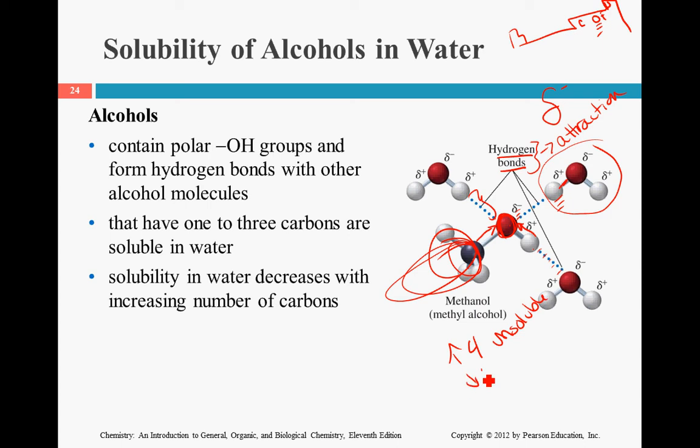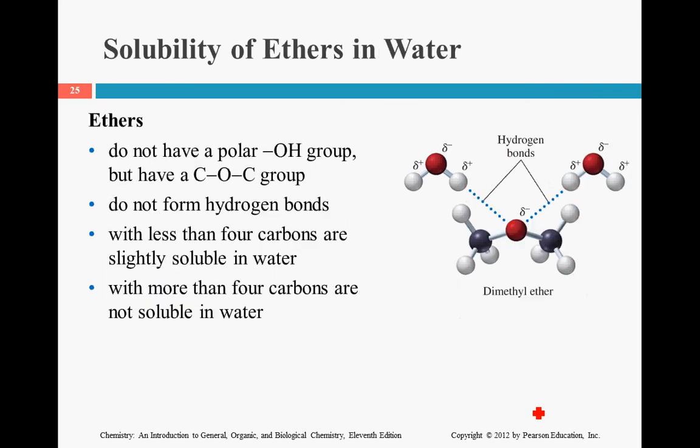Less than 4 will be soluble. So that's why when we're looking at this, 1 to 3 carbons are soluble. That's talking about carbon, carbon, carbon, OH. That's going to dissolve in water. However, when you reach 4, it's only going to slightly dissolve. So it's slightly soluble. And then 5 and up is actually insoluble.